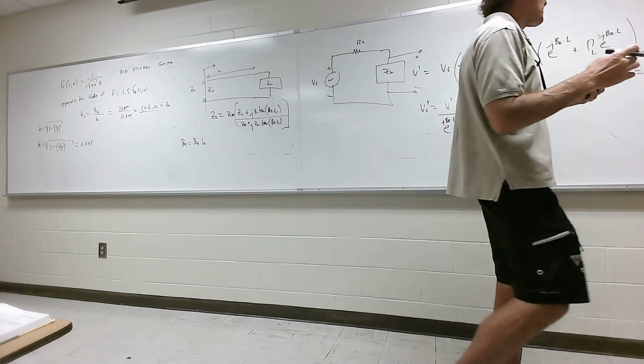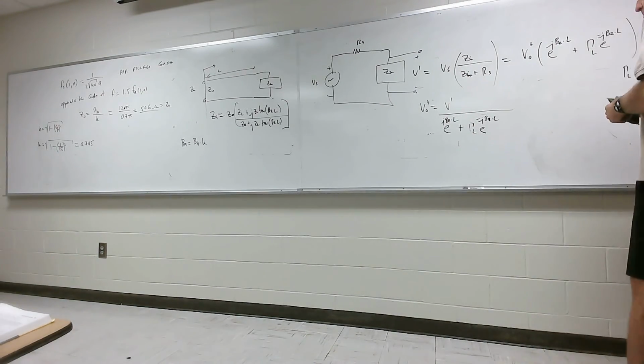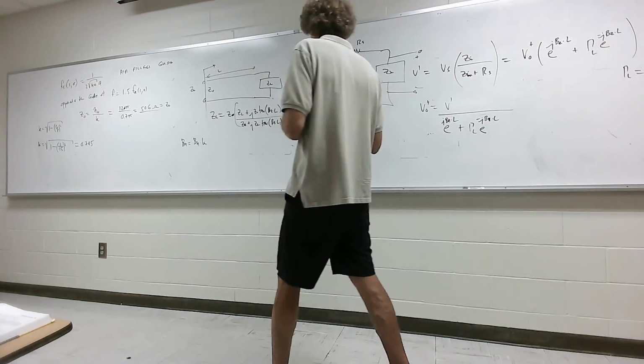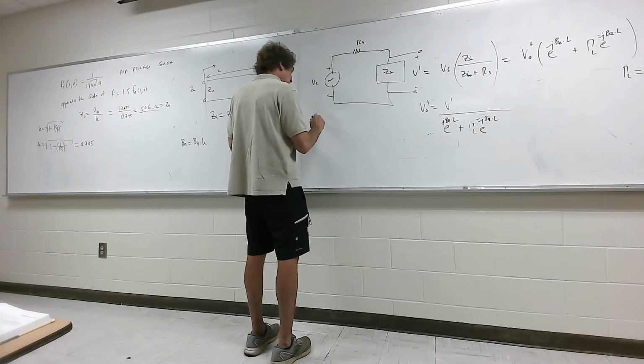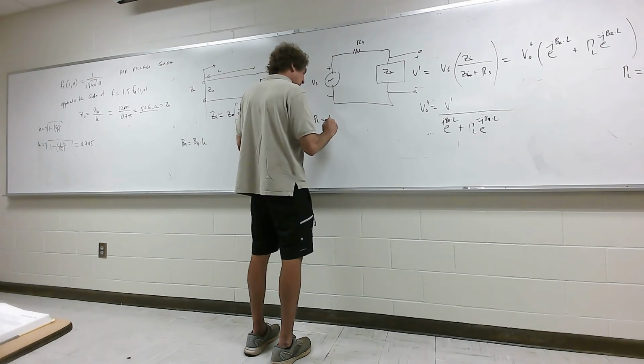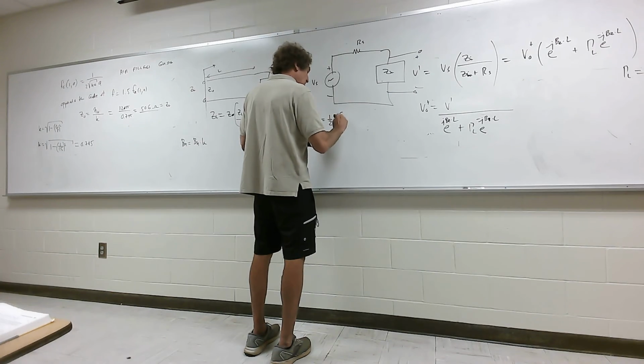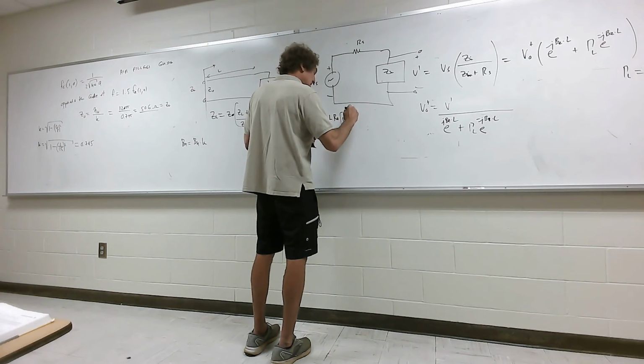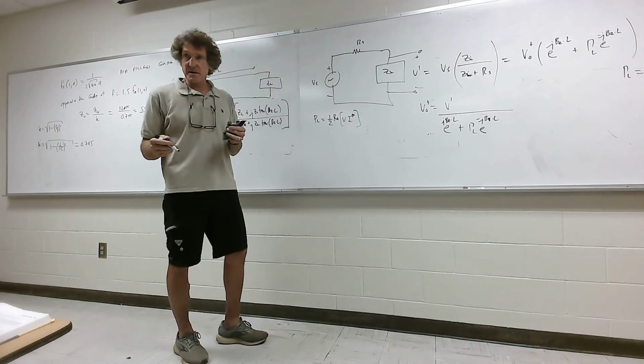The way that you're shown with Dr. Gross and everybody else is the power of the load would be equal to 1/2 the real part of V times I conjugated. That's the way you were doing it back in the day, right?